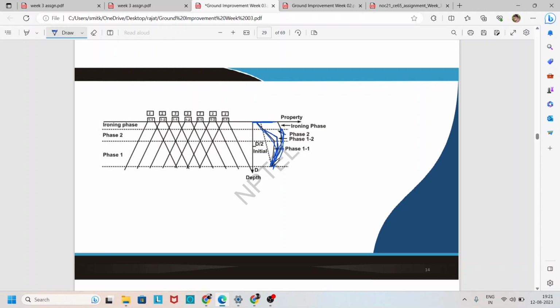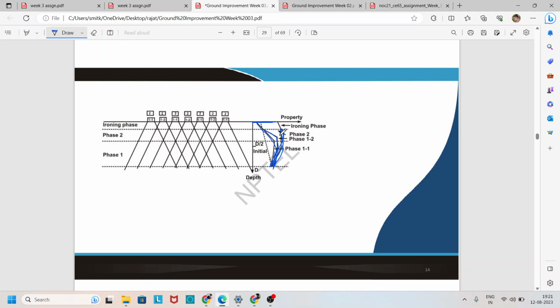The graph is here. After all of the phases, we apply the ironing pass. The ironing pass is nothing but shallow compaction or shallow densification. It is done because when we apply the tempering, scattering is created, meaning ground subsidence is created at the specific locations where the tempering is applied.